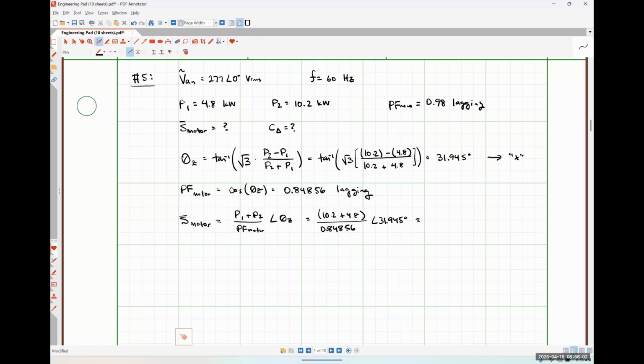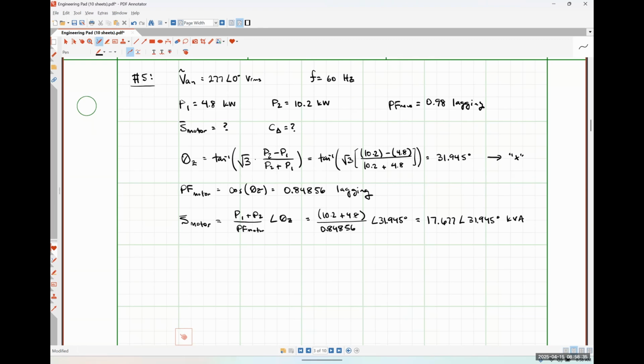And putting that into my calculator, I get 17.677, angle 31.945 degrees, kilovolt amperes.